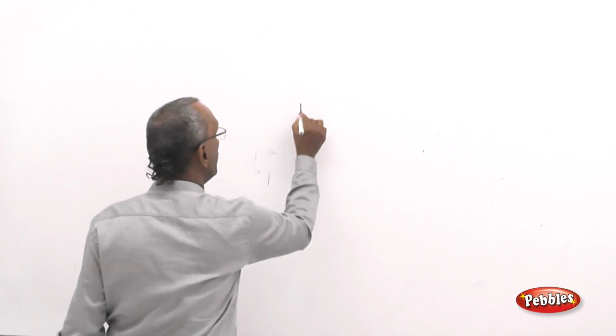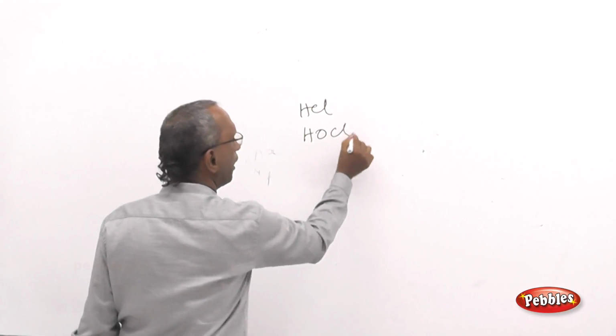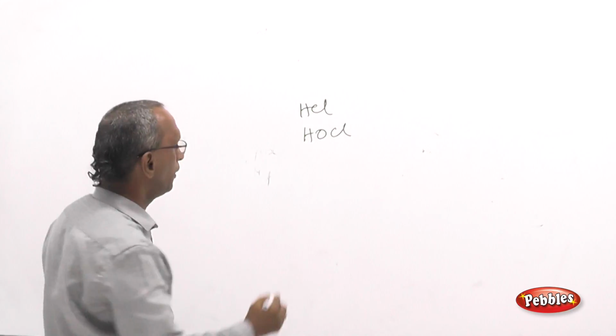So, the nature of oxides of any element depends upon the electronegativity. Fluorine is highly electronegative. Halogens are highly electronegative. Their compounds are called oxyacids. What is meant by the formula HCl? Hydrochloric acid. HOCl, hypochlorous acid.